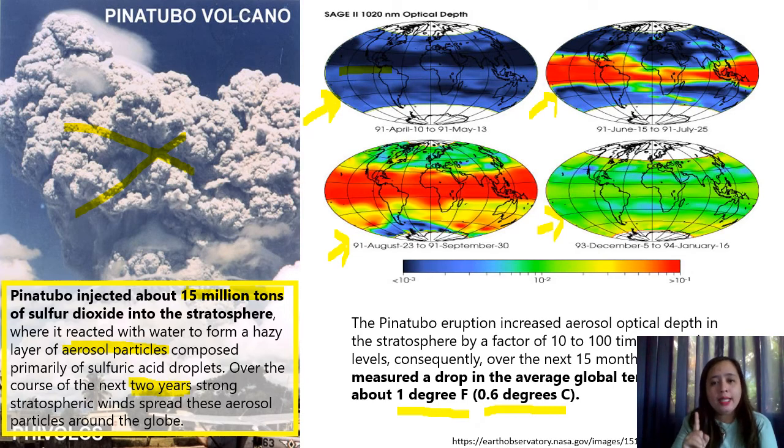That's just one volcano. Imagine the effect now on the primitive Earth, where there are multiples of volcanoes erupting, multiples of volcanoes outgassing. Diba? Kung sa isa, ang laki na ng effect niya globally, 1 degree Fahrenheit, how much more during the primitive Earth or primitive environment of our early Earth, diba?